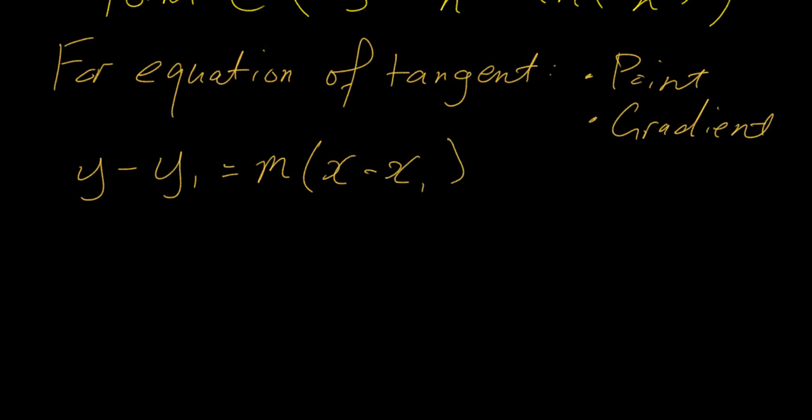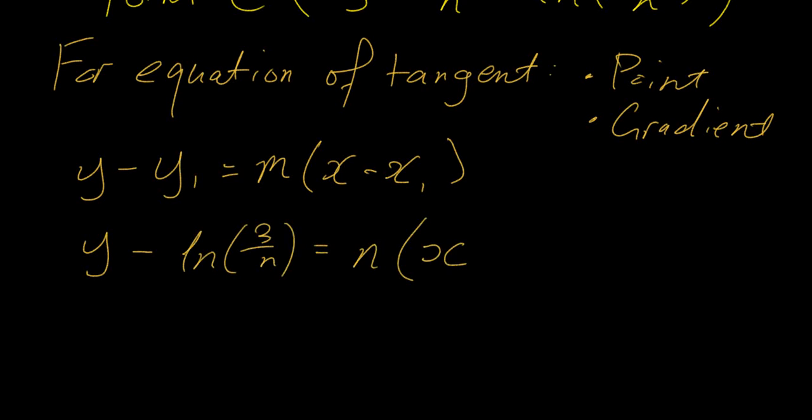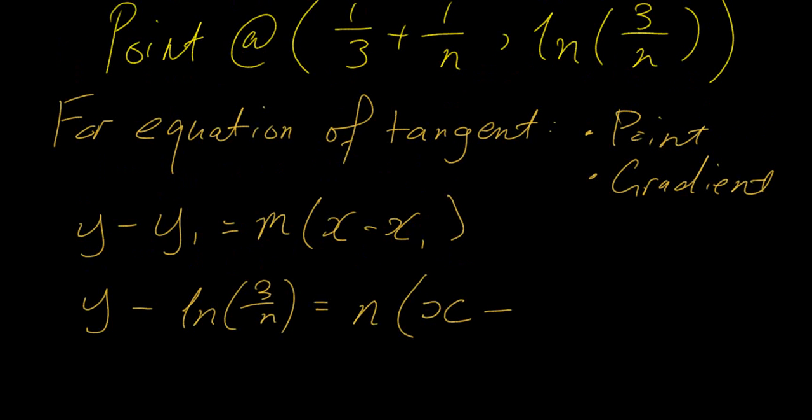Now we're just going to work backwards a bit. So we have y minus our y coordinate, which was ln 3 on n, equal to n multiplied by x minus 1/3 plus 1 on n.